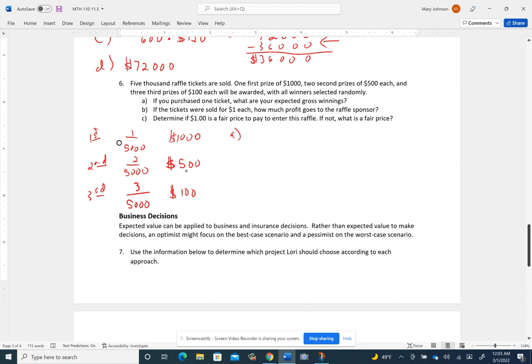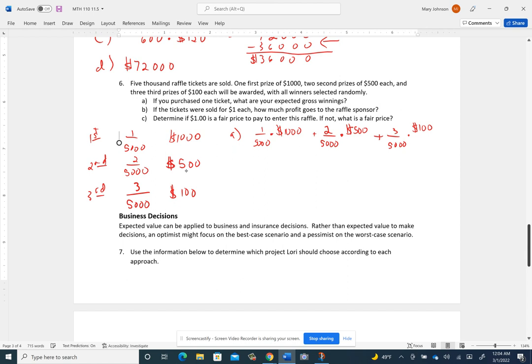We'd have a 1 out of 5,000 chance of making 1,000, plus a 2 out of 5,000 chance with a payoff of 500, plus a 3 out of 5,000 chance times a payout of 100. Let me simplify those, but not too much. Actually, just use your calculator.